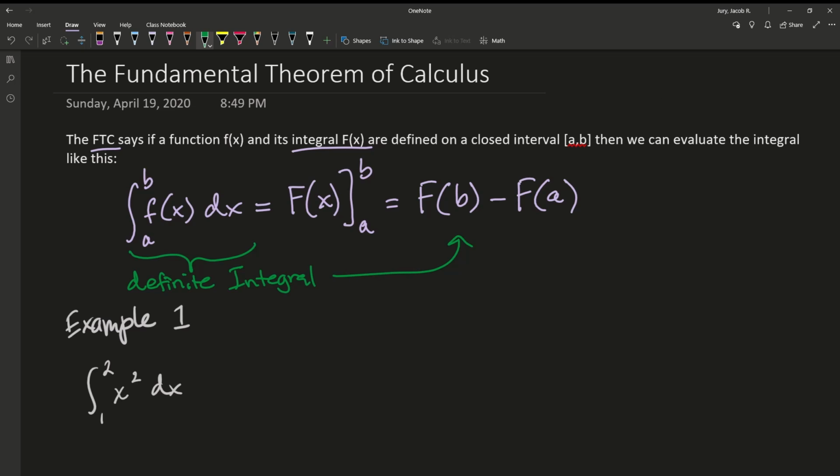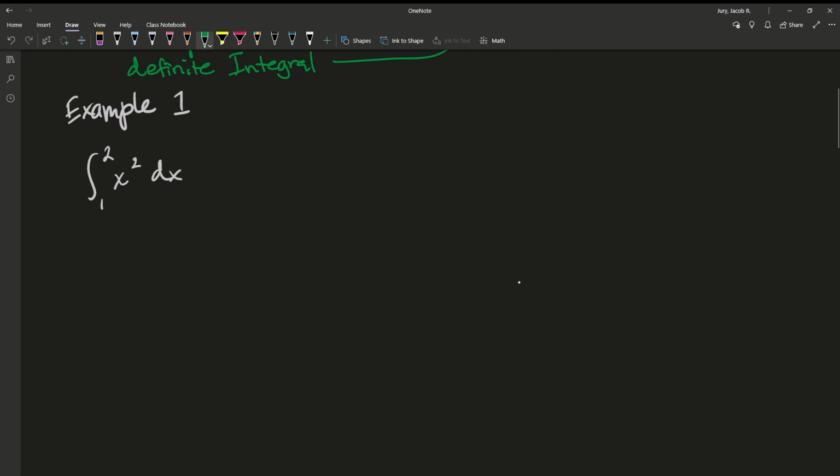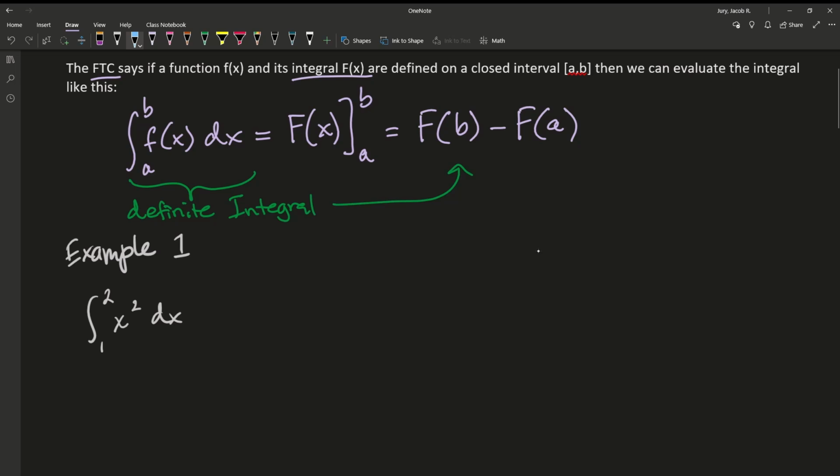So for our first example, we'll take on just x squared. Pretty standard. The integral should give us the area between the curve x squared and the x-axis between x values 1 and 2. So what we'll do first is actually integrate x squared.